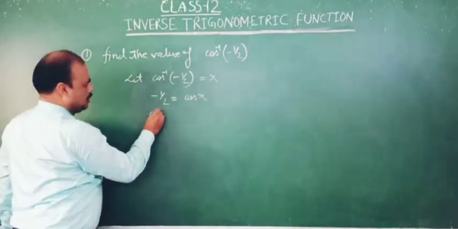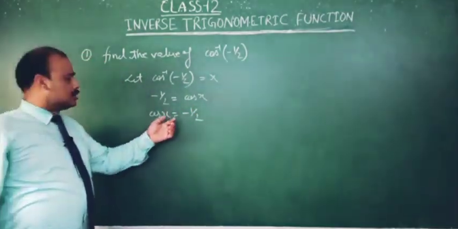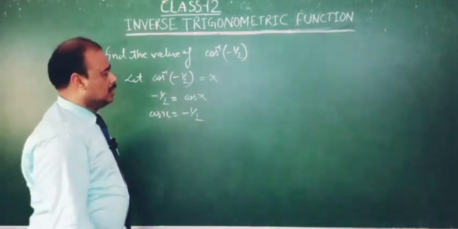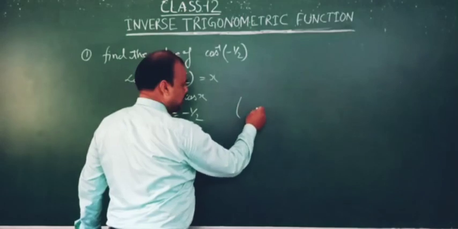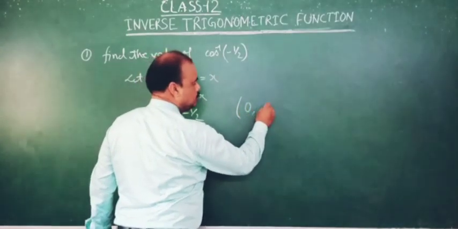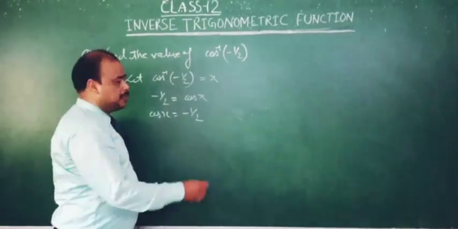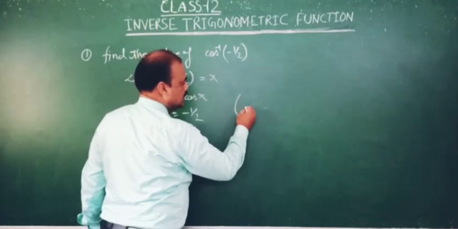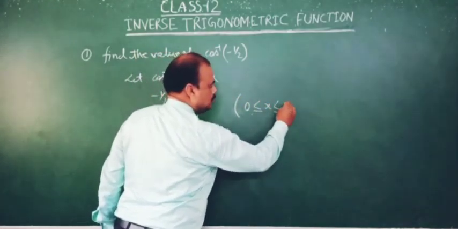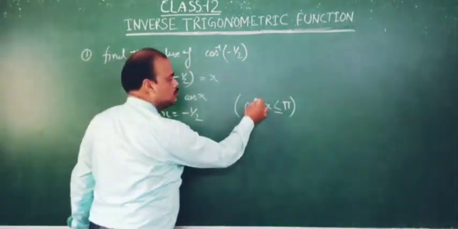It means cos x equal to negative half. The principal value of cos inverse x lies between 0 to π. It means 0 to 180 degrees.